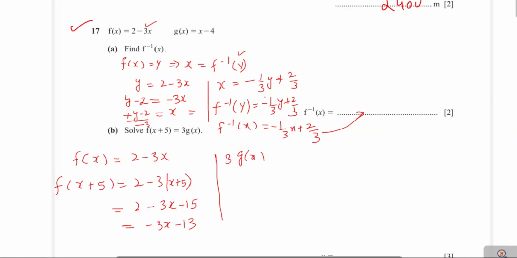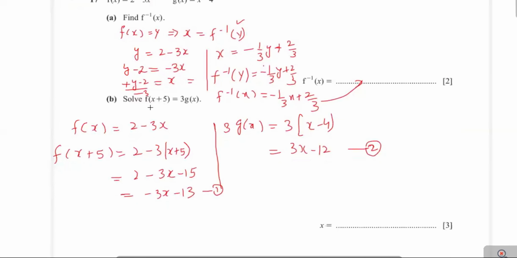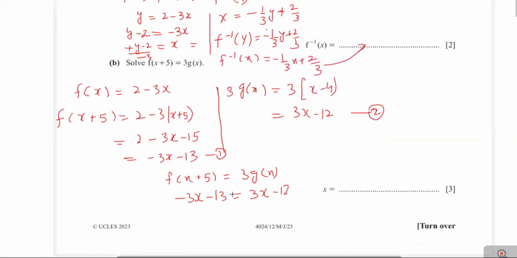We can write it as 3 times (x minus 4), and that value equals 3x minus 12. Now these two we equalize. We can write f of x plus 5 equals 3g of x. The value is minus 3x minus 13 equals 3x minus 12.